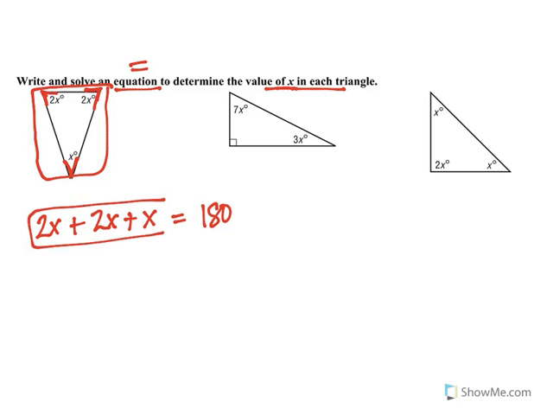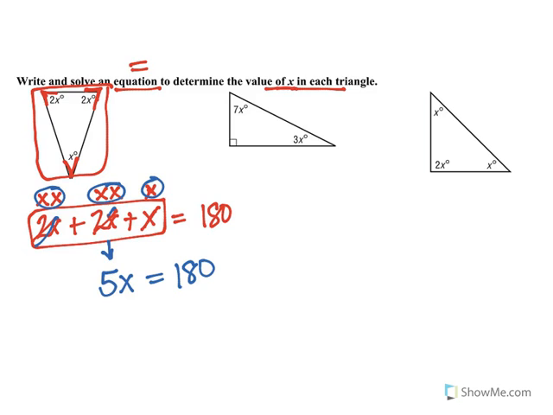Well, let's count. Here, I have 2 x's. Here, I have 2 x's. And here, I have just 1 x. Well, how many x's are those? Here's 2, 4, 5. So what this is really saying is 5 x's are going to give me 180 degrees.